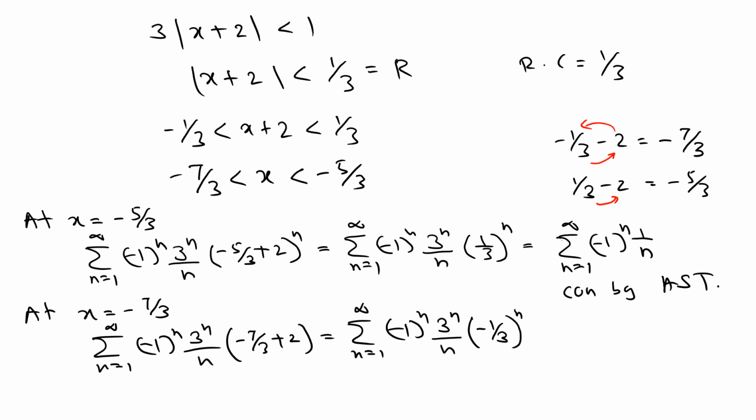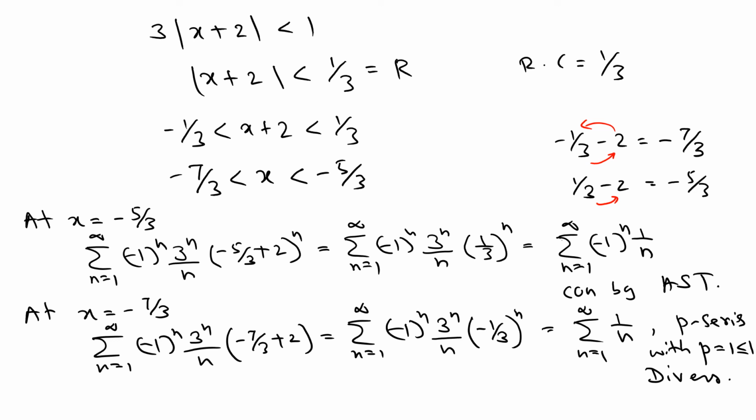And you can see the negative 1 to the n cancels, 3 and 3 to the n cancel. So you simply get sigma n going from 1 to infinity 1 over n. So this is a p series with p equal 1, which is less than or equal to 1, so it diverges. It's the harmonic series, and we know that the harmonic series diverges.